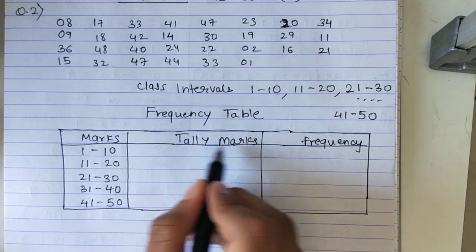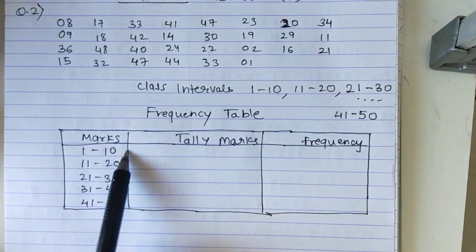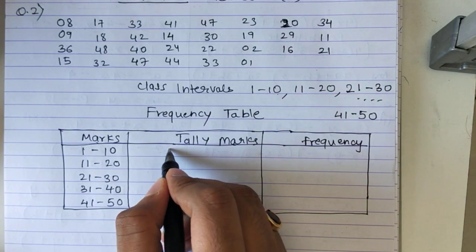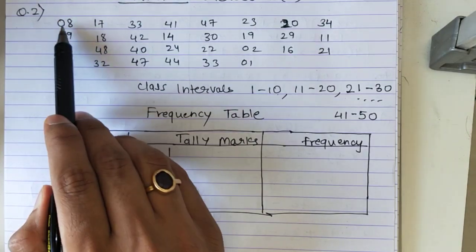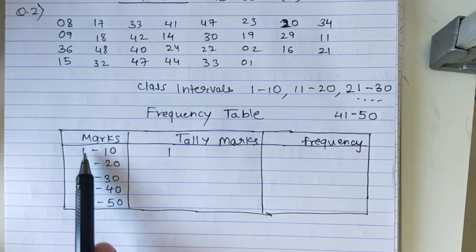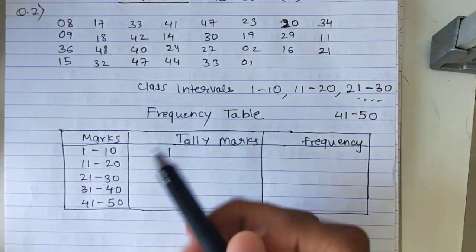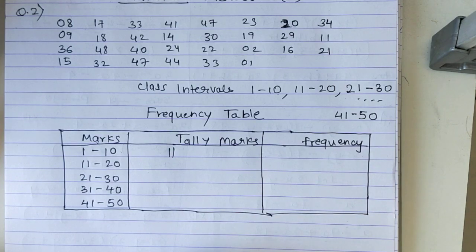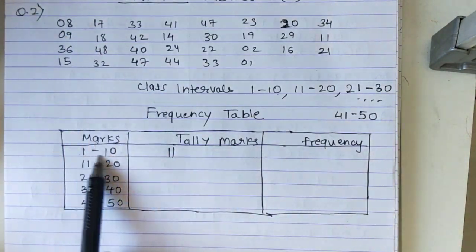So this tally mark means if we get one value which lies between this range, we denote it as one line, one standing line. Okay, so one student got 8 marks, which is between 1 to 10. Correct. So 1. Then 9 is also between 1 to 10. We got one more number which fits in our range.